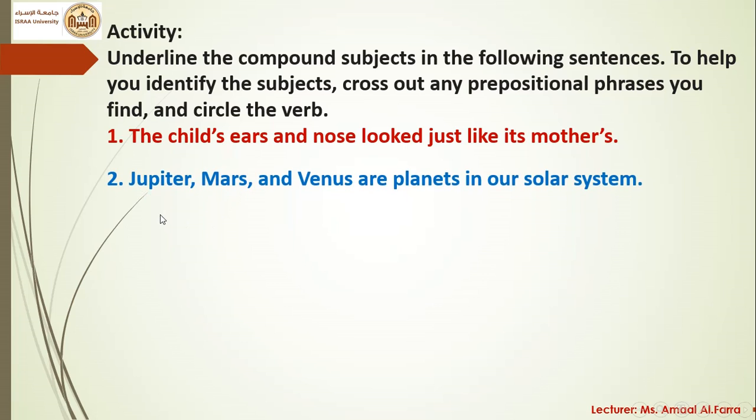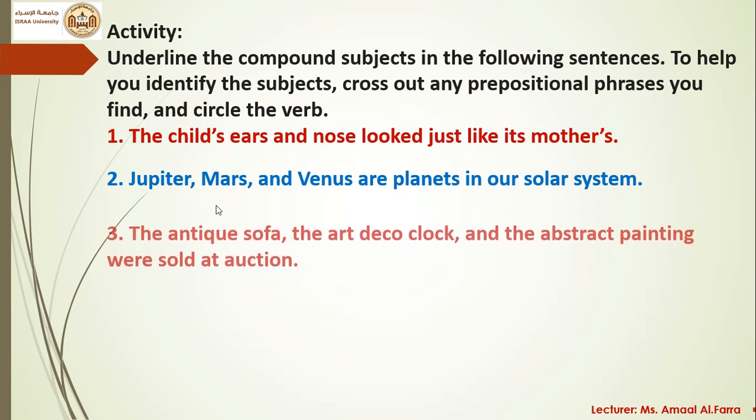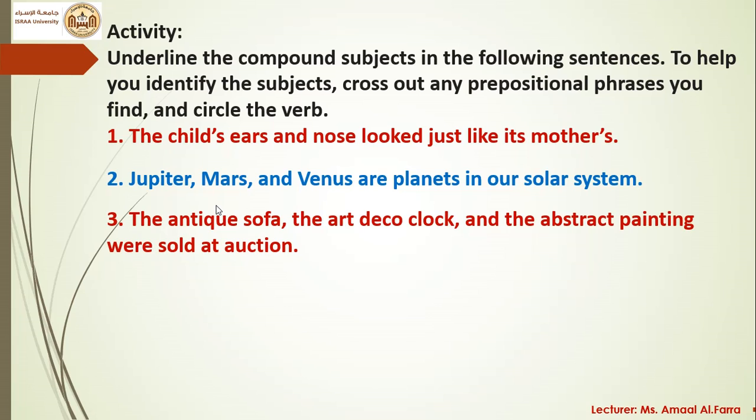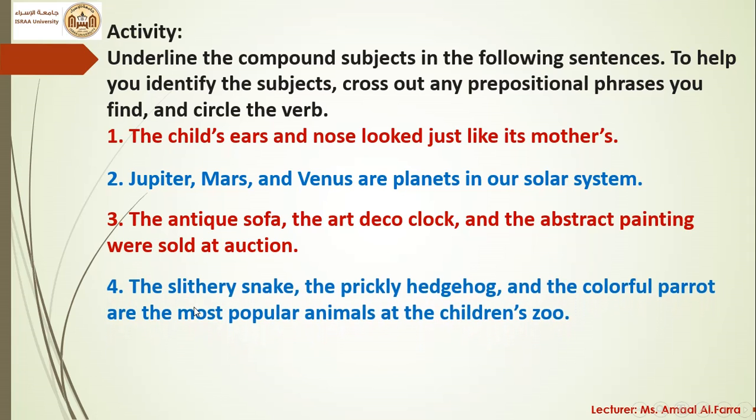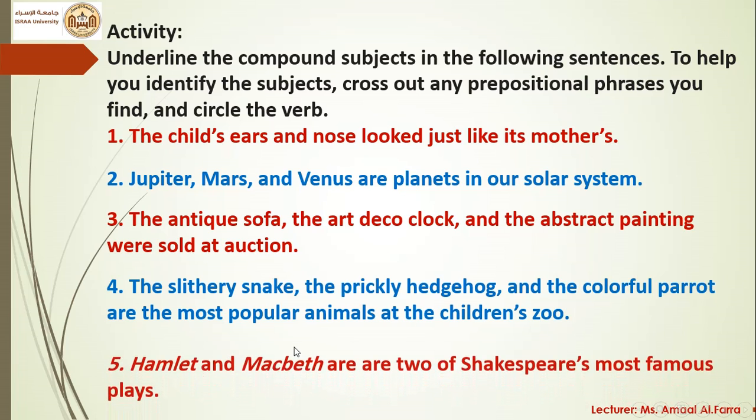Number 2, Jupiter, Mars, and Venus are planets in our solar system. Number 3, the antique sofa, the Art Deco clock, and the abstract painting were sold at auction. Number 4, the slithery snake, the prickly hedgehog, and the colorful parrot are the most popular animals at the children's zoo. 5, Hamlet and Macbeth are two of Shakespeare's most famous plays.